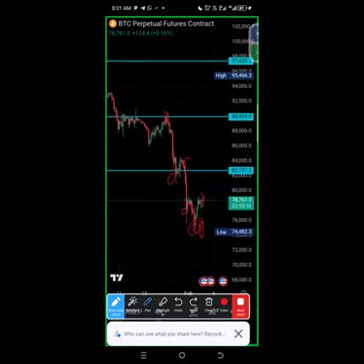You look at the various angles and you realize that the formation just changed. So that is forming lower lows and lower highs. Lower low, lower high, lower low, lower high, lower low.